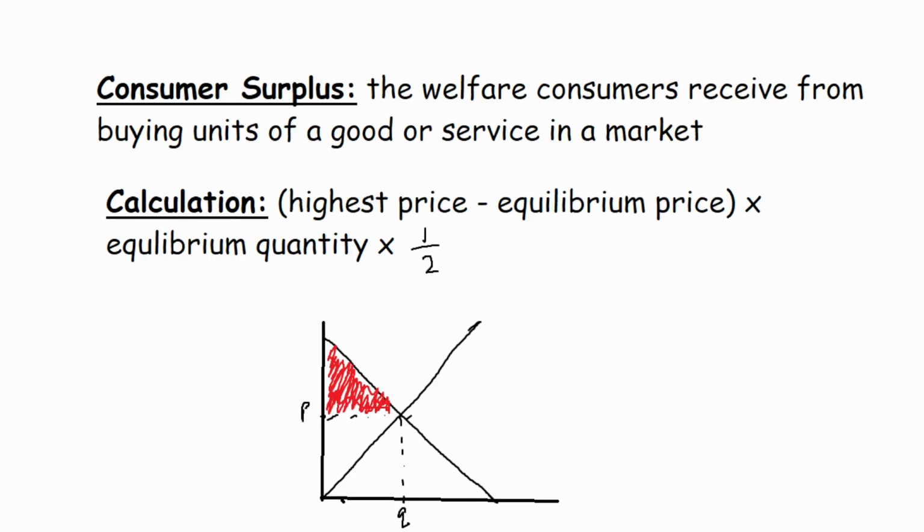This can be calculated by computing the highest price minus the equilibrium price, multiplied by the equilibrium quantity, multiplied by a half, which is essentially equivalent to calculating the area of the shaded region in the diagram below, which is just a triangle.